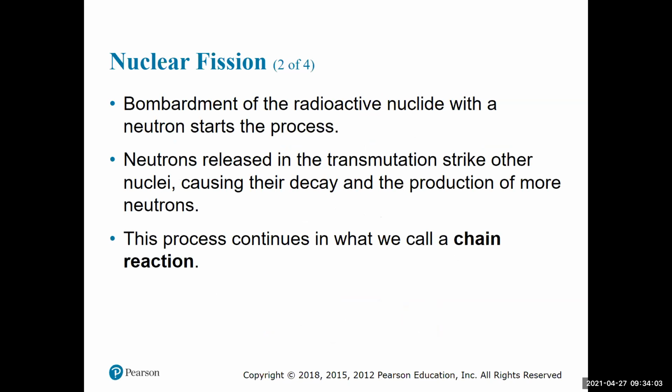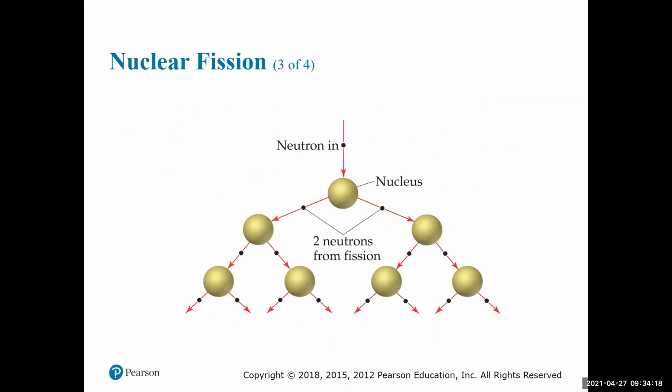This continuation is what's called a chain reaction. So you get it started with those initial neutrons, and then from there it kind of just does it itself as you have the fission occurring. And here's kind of a cartoon look at it.